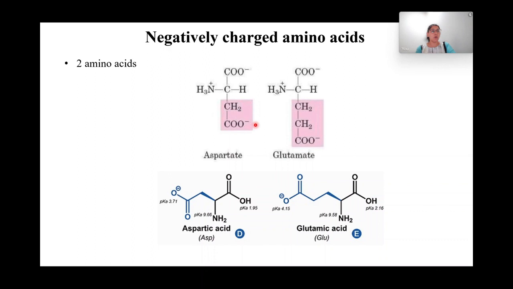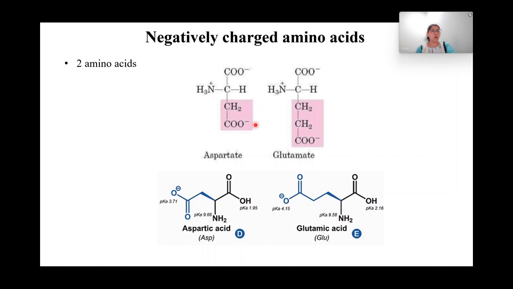So this is aspartate. If you go back to the previous slide, asparagine has CH2, but then CO and NH2. So when you have NH2, you call it asparagine. When it is only COO minus, it's an acid, so you call this aspartic acid.